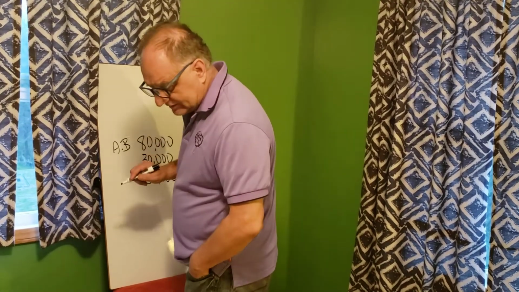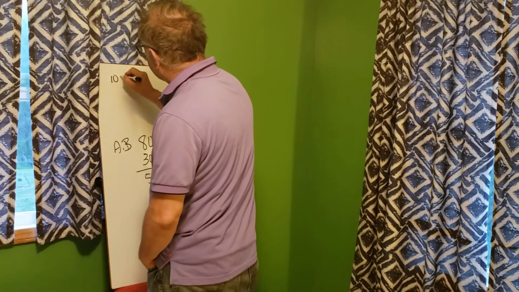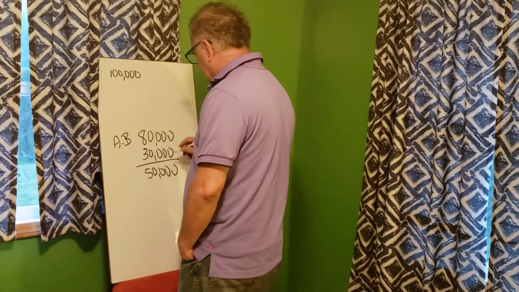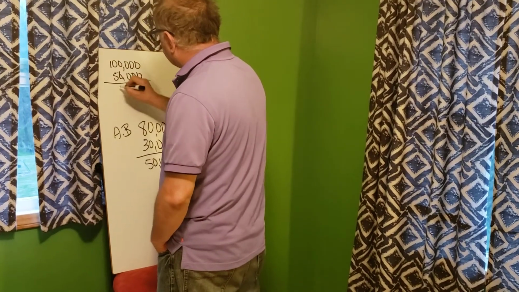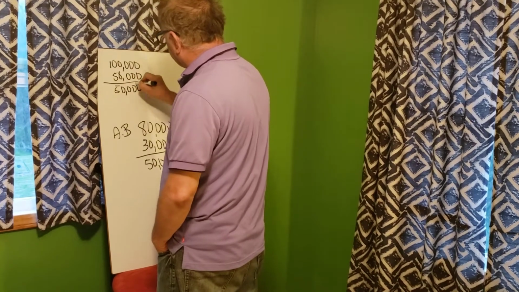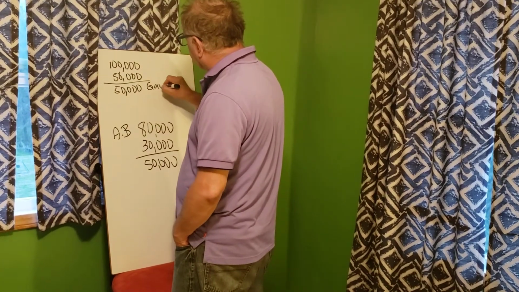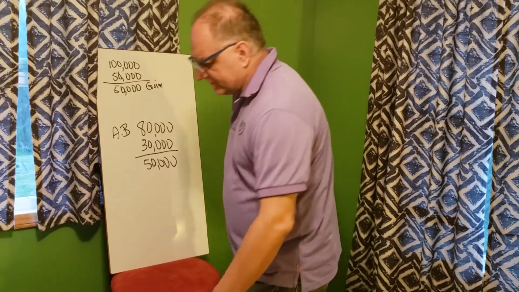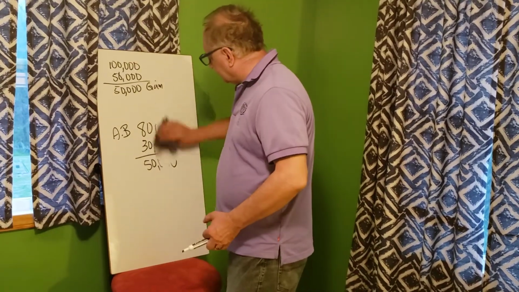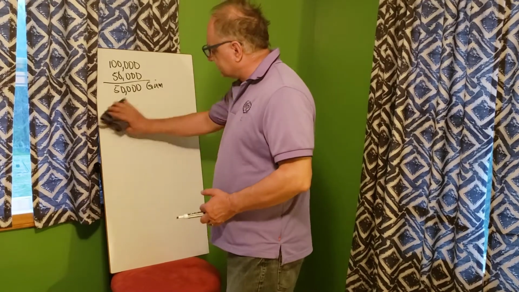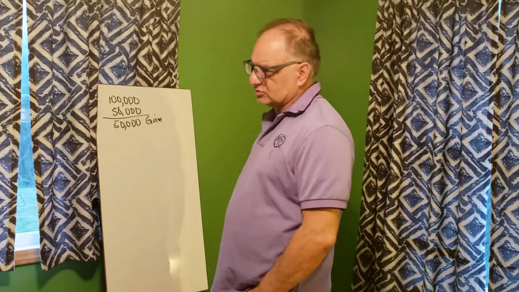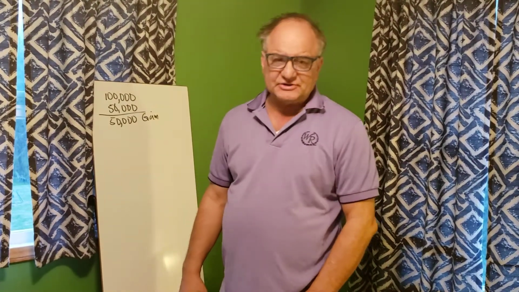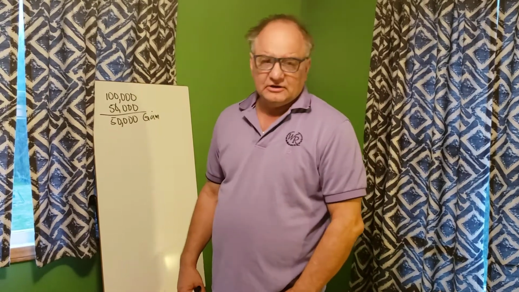Okay, so my sales price now is 100,000 minus my adjusted basis of 50,000, then gives me a $50,000 gain. Okay, so this is my total gain. So now if this is personal property, we start with section 1245. Now remember, the definition of section 1245 is the lesser of my realized gain or my depreciation taken.